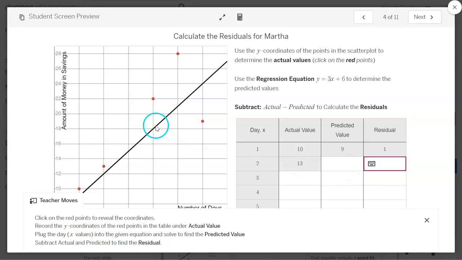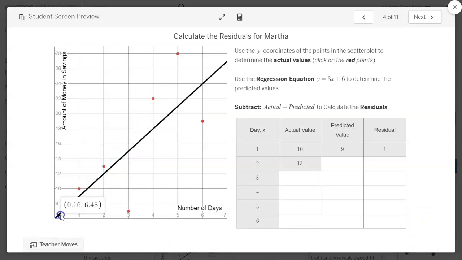Now, the cool thing about this graph is this is y equals 3x plus 6. So if they want to use the line itself instead of typing that in, they can do that. If I know the value of x is 3, I can scroll until this says 3, and I can see the y value is 15.